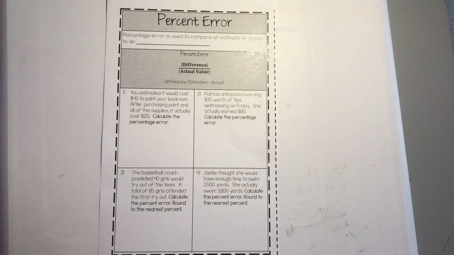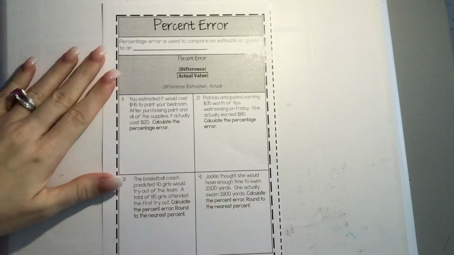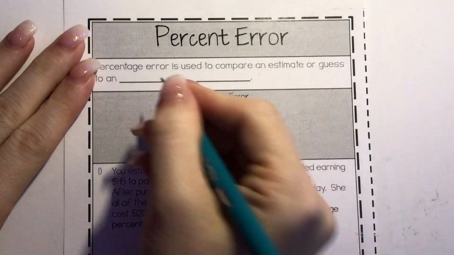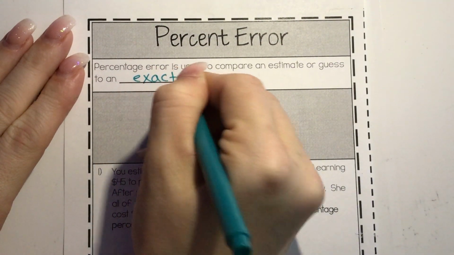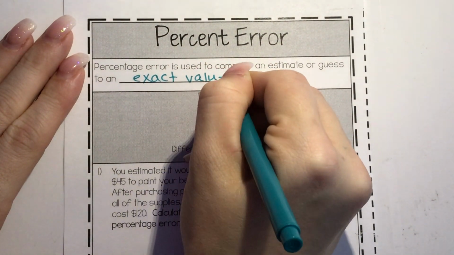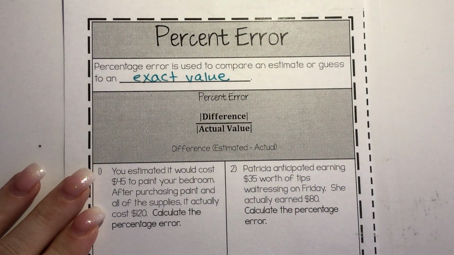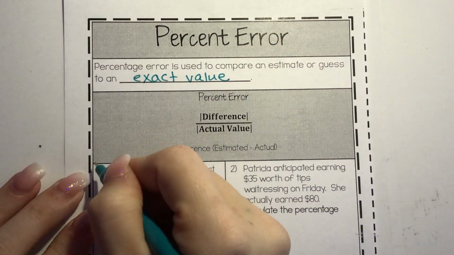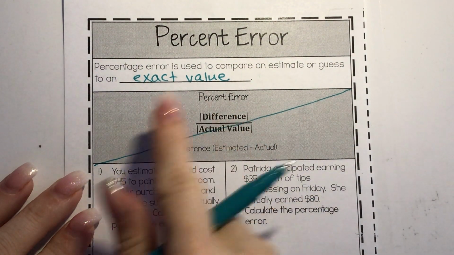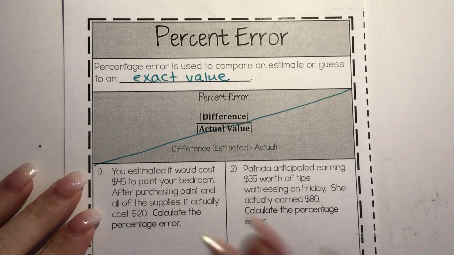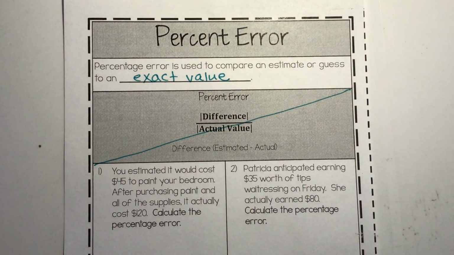All right, so I'm gonna get you guys set up with the tables. On your paper, guys, you're gonna write exact value, which we already added on our other sheet, but I just want you to write that again. And then you're just gonna cross this out. This is a way to do it, but it's a different strategy than what we're used to, so that's why we're kind of skipping that part.